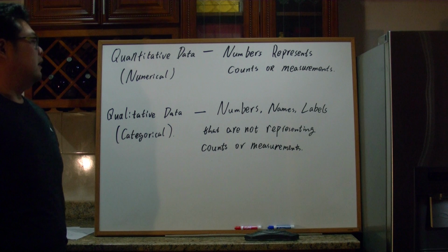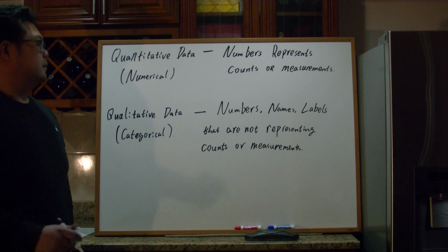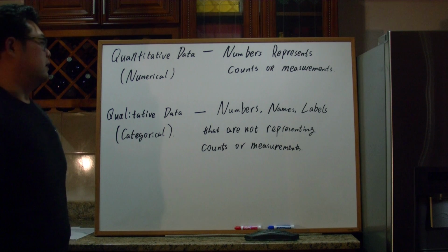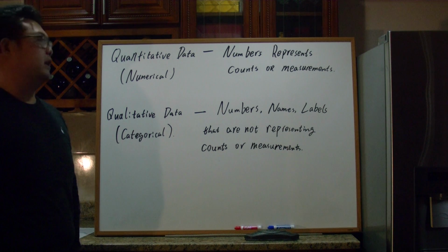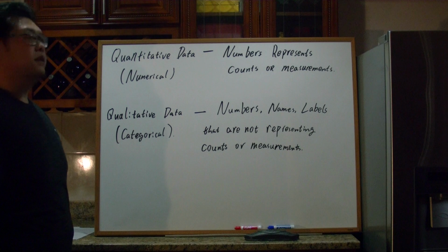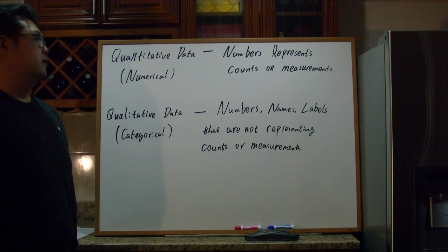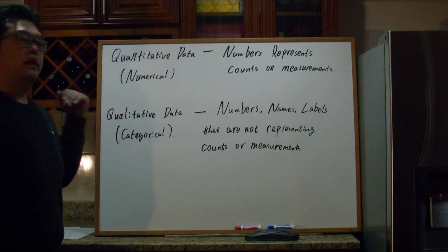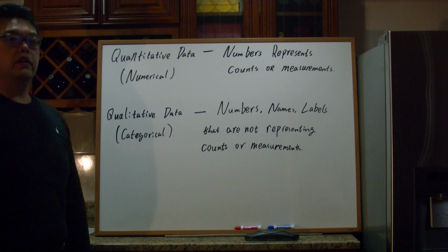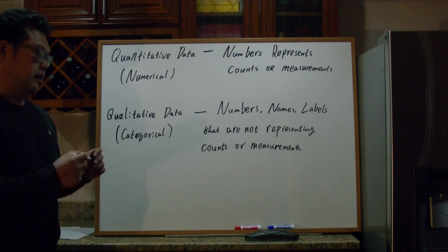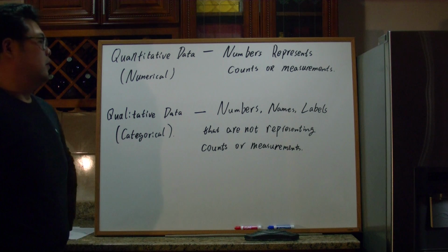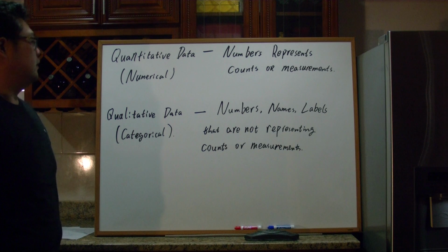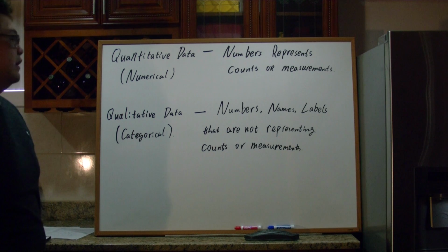Those things do not represent counts or measurements. They are just identification, in other words, just categorical data, and basically help people distinguish who they are, what they are, or so. So these things are called categorical data.